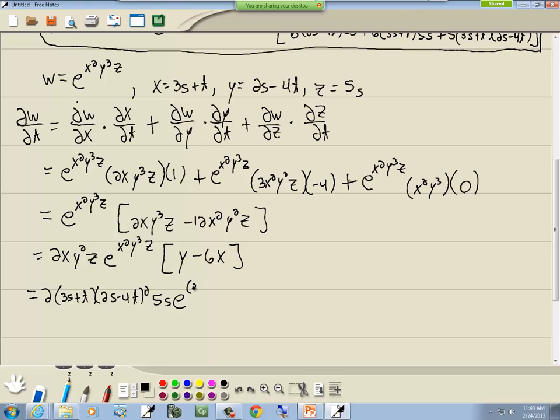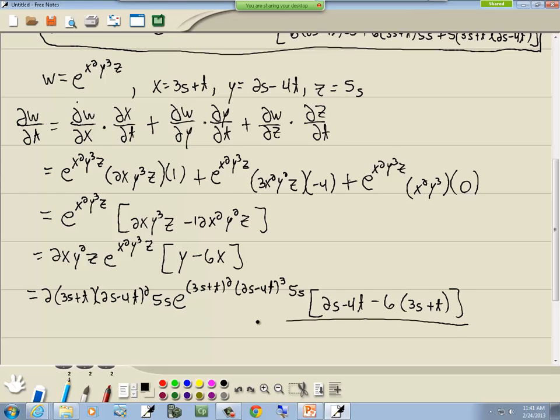So we'll have 3s plus t squared times y to the third, which would be 2s minus 4t to the third, times z, which was 5s, times y, which was 2s minus 4t, minus 6 times x, which is 3s plus t.